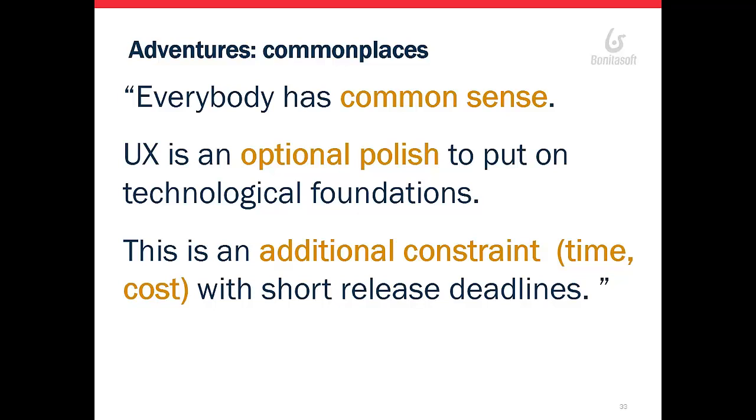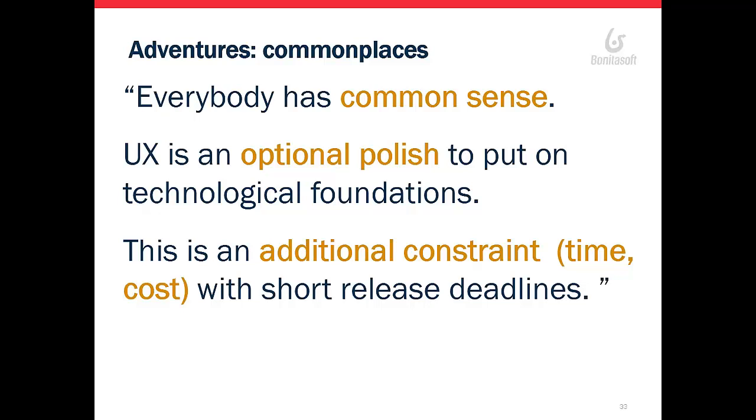There are also a lot of commonplaces, as I said. We really often hear that everybody has common sense, and then UX is just an optional polish to put on the technological foundations. UX is an additional constraint of time and cost with short release deadlines. So we clearly hear that we are an option, and this is really what happened when I was working as a consultant.